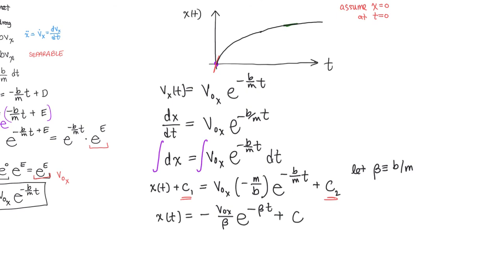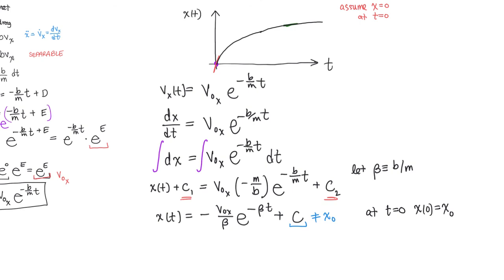Now, you might be tempted to call this constant of integration x naught, but it is not equal to x naught. How do we find out what this constant of integration is? Well, let's say that at t equals 0, x at that time is equal to x naught. So in that case, we have to figure out what the initial conditions are.